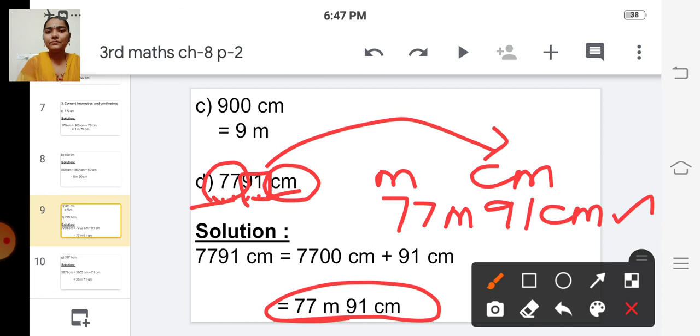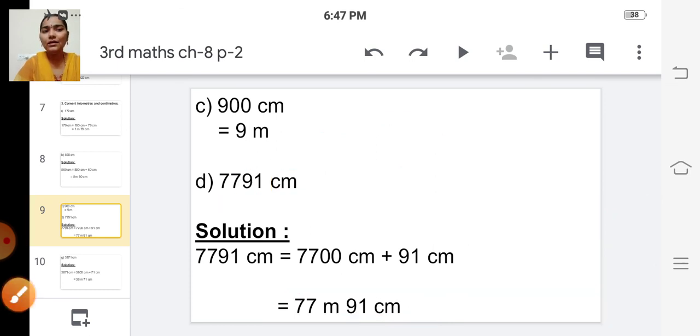Okay. Suppose if you are going to convert only centimeters into meter and centimeters, then the last two digits will be centimeters and the remaining digits will be your meters. Is it clear? Why the last two digits only will be the centimeters?